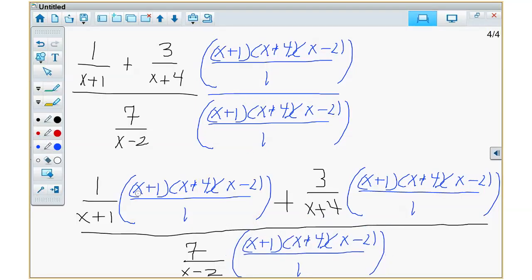And what cancels? Well, the x plus 1 cancels, and that leaves you with 1 times all of this. The x plus 4 cancels, and that leaves you with 3 times all of this. The x minus 2 cancels, and that leaves you with 7 times all of this.